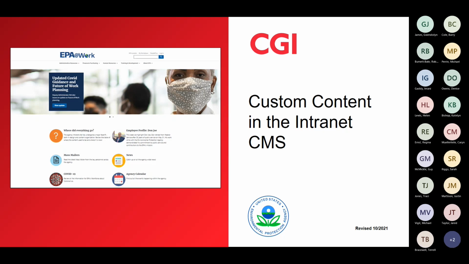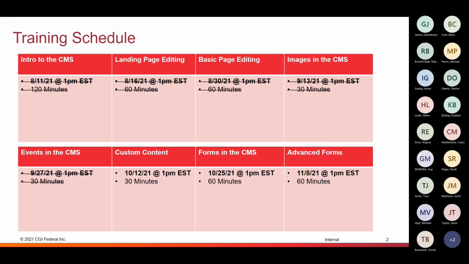But I did want to quickly review the training schedule for upcoming courses before we actually start discussing custom content inside of the Intranet CMS. So today's training session is going to be a short one. It's going to be just 30 minutes. However, 2 weeks from now, we will be reviewing forms inside of the CMS. That'll be on October 25th, and that's about an hour long.